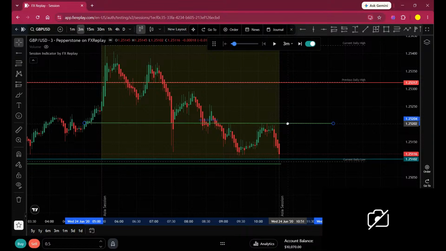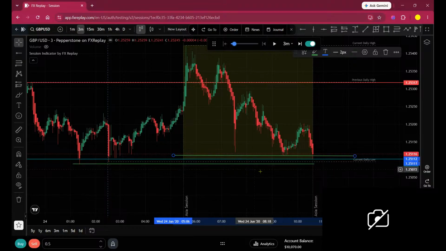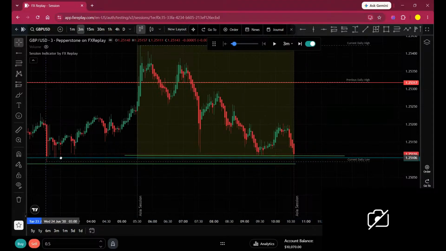Market fell from here, swept the liquidity of the bottom also. Not the bottom even, the last liquidity also it swept.